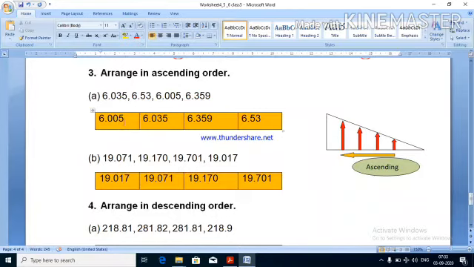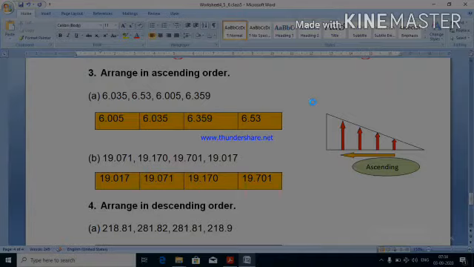That's why 6.005 is smaller. After that 6.035, after that 6.3 and 6.5. That's why 6.3 is smaller than 6.5. Now we write 6.005, 6.035, 6.359 and 6.53.